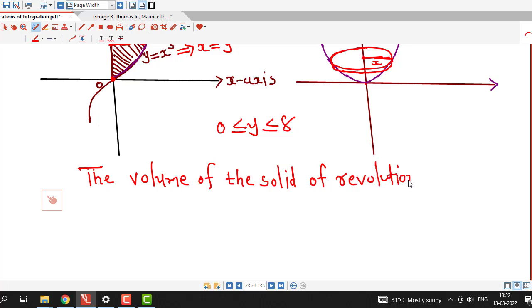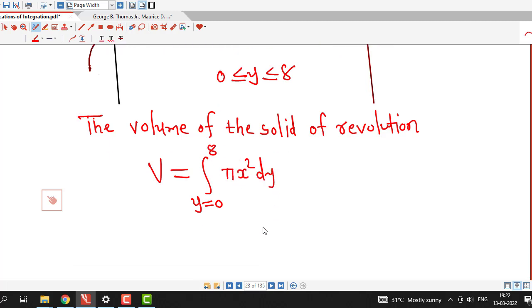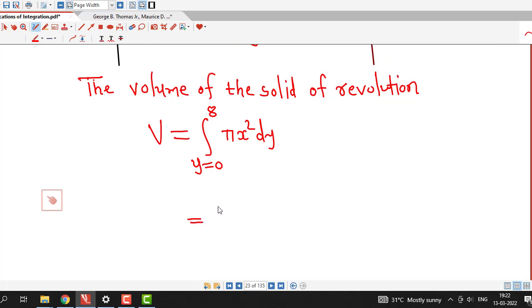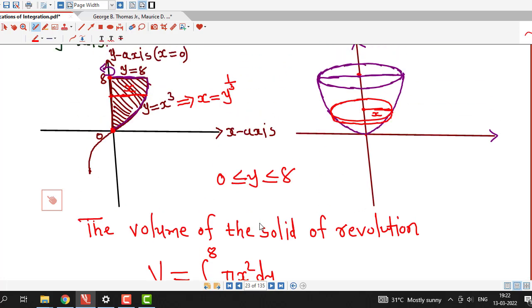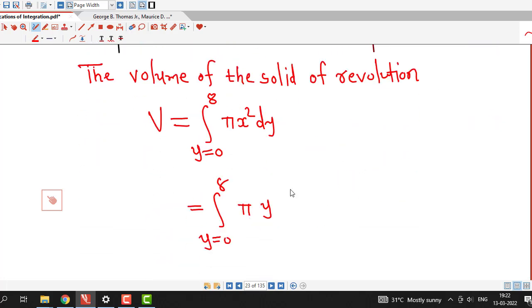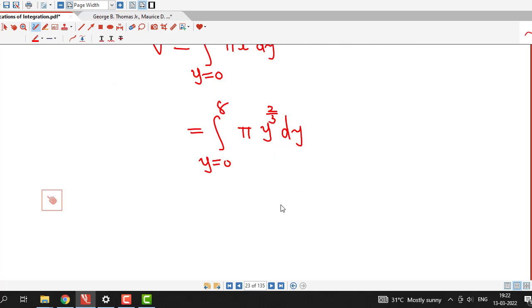So volume of the solid of revolution is denoted by V equal to integral y from 0 to 8 pi into x square dy, and x we have converted in terms of y, so we substitute value of x here. X is y raised to 1 by 3 and we are taking square of 1 by 3, so it is y raised to 2 by 3 integral with respect to y.